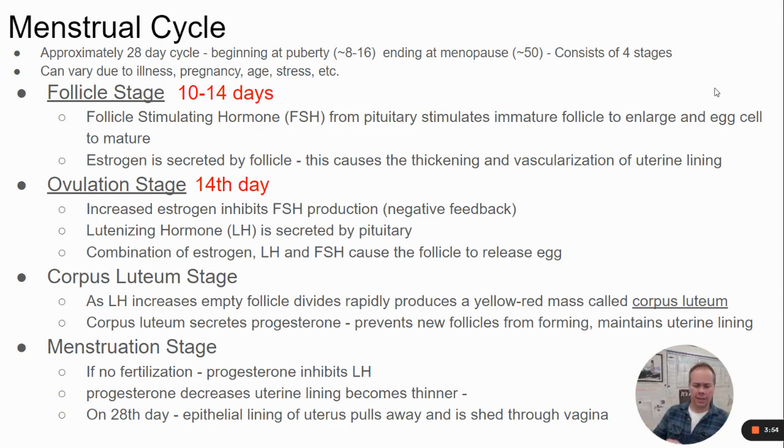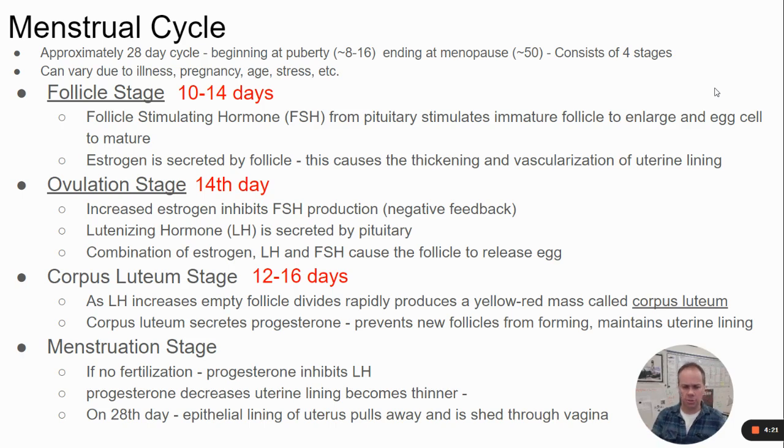The egg cell emerges from the ovary and starts to travel down the oviduct after ovulation. This is the time when a woman can become pregnant. If there are sperm present around this ovulation stage, they can make their way to the egg cell and eventually fertilize it.